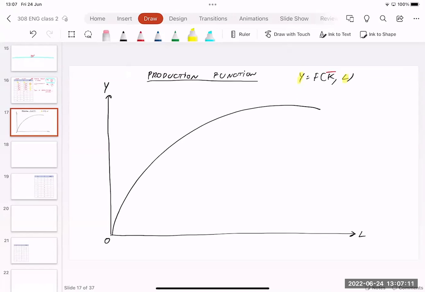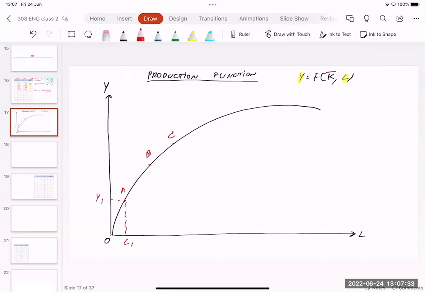They have the curve like this because of the law of diminishing returns. For example, from point A to point B to point C. At point A, you have a low number of labor, you can produce less, just Y1.